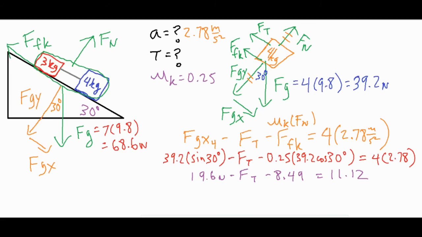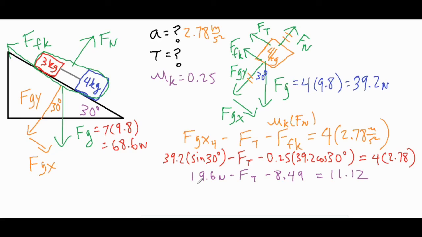The difference is instead of taking the 68.6 newtons for the 7 times 9.8, we took the 39.2 for the 4 times 9.8, and then multiplied it by the cosine of 30. The cosine of 30 gave us FGY, which is equal to Fn. So they're basically the same exact thing.